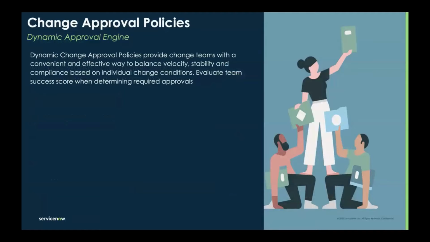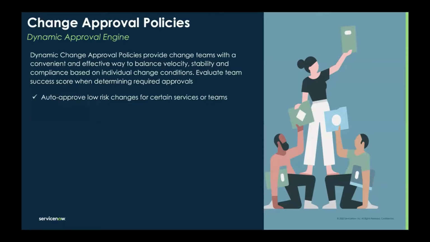Change approval policies are a very powerful capability. Again, this was introduced a while back, but not all customers are aware of them. But essentially what they do is they enable you to automatically manage how approvals are done on a change based on the data. So based on the incoming data and based on the conditions in your environment and on the change.